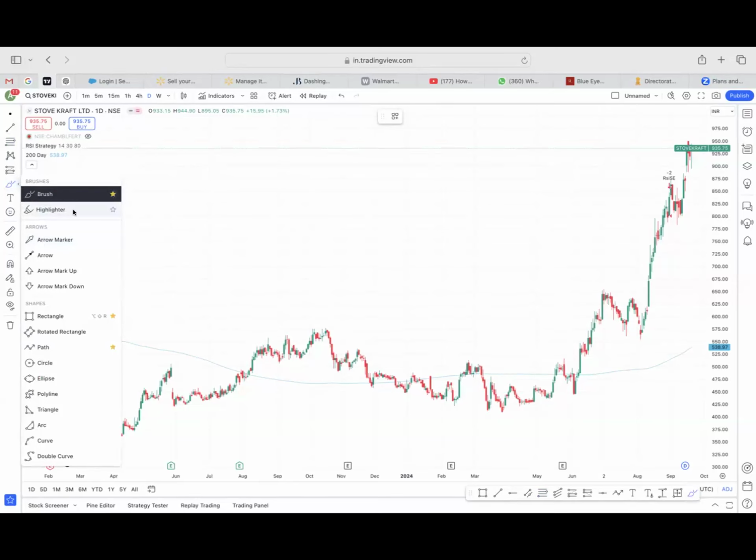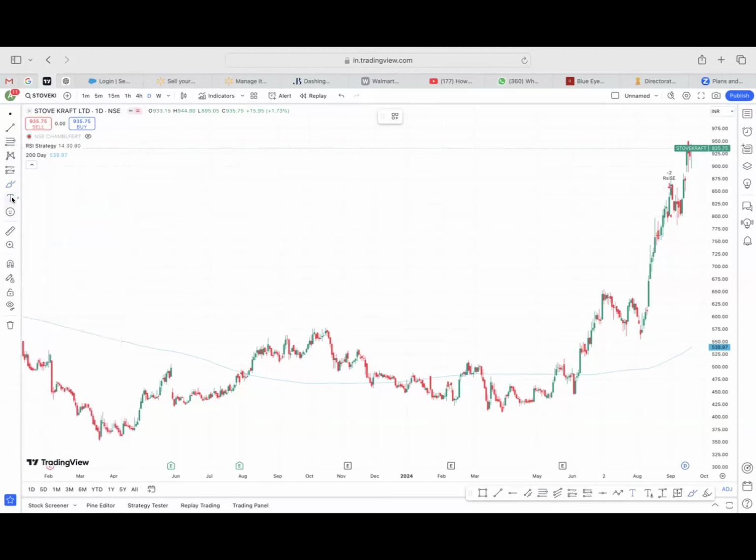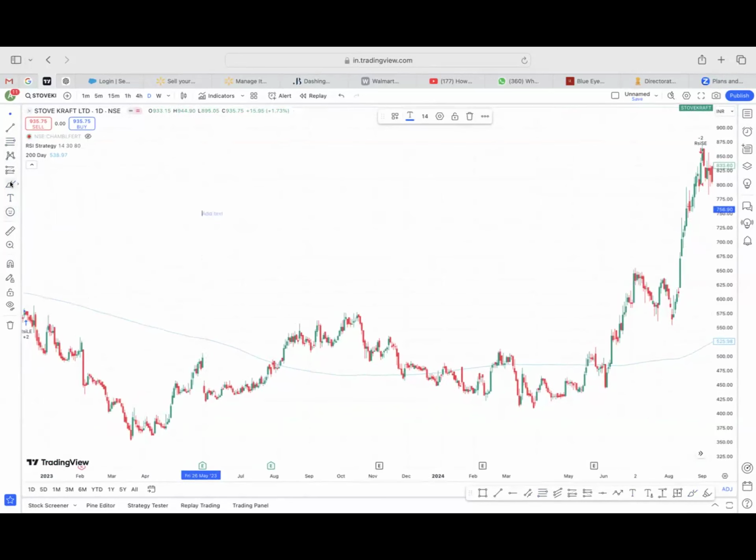Next is brush, which is of course very important. You can mark it. I generally don't use this, I use an iPad, but since you're using a laptop, you should have brush. Next is brush, rectangle and path. Highlighter also you can keep. If you want to write text on the chart, you can write anything you want.